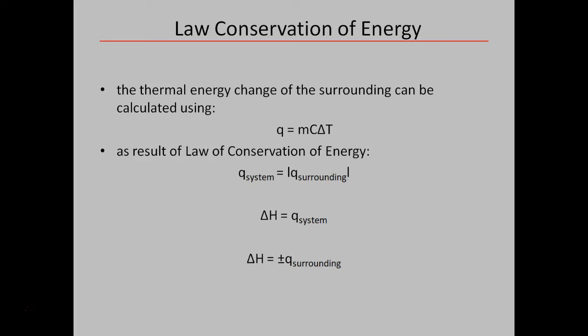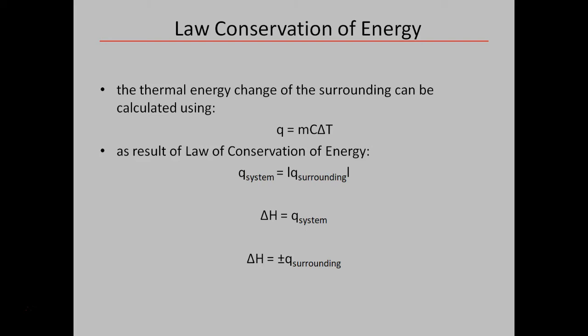So if my enthalpy change of my system occurs where I give off energy, then that will equal the energy gained by the surrounding. And so now we have our delta H is equal to plus or minus the energy change of our surroundings.